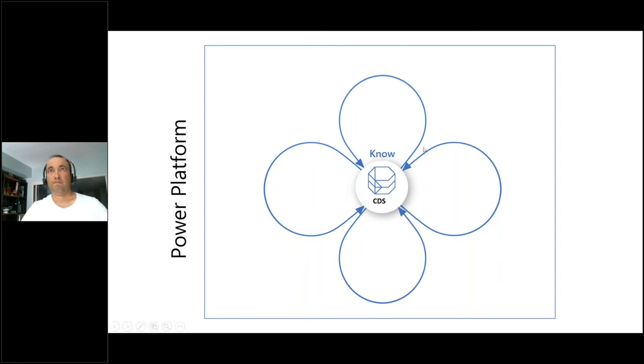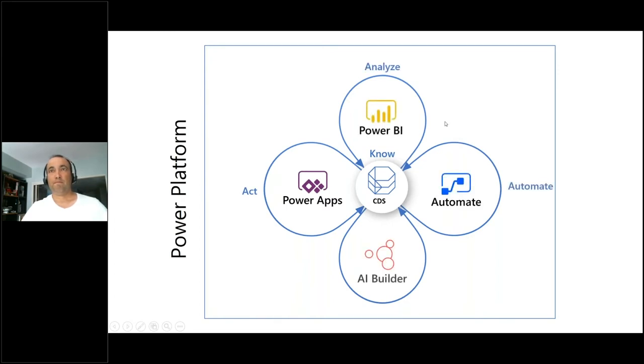So around CDS, we have, of course, the various consumers or clients of data like Power Apps, Flow, Power BI, and AI Builder that are there for defining our digital experience, automating our business processes in the case of Power Automate, or deriving insights or driving intelligence, which is what Power BI is.